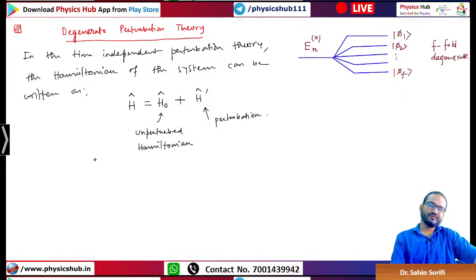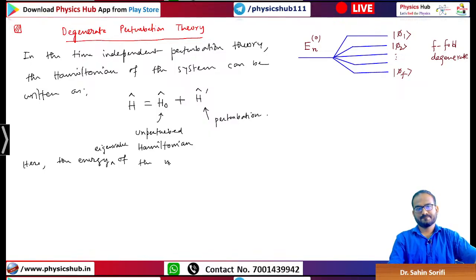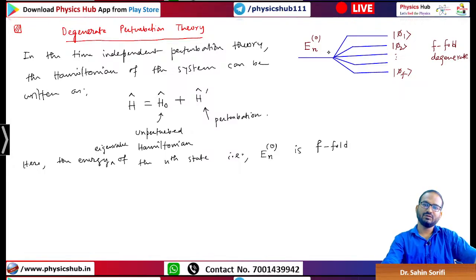But here in this case, we consider the energy eigenvalue of the nth state. What will be the energy eigenvalue? En unperturbed, so En0. We are considering that it is degenerate. How many fold? F fold, meaning corresponding to one energy level there will be f number of states which have the same energy.